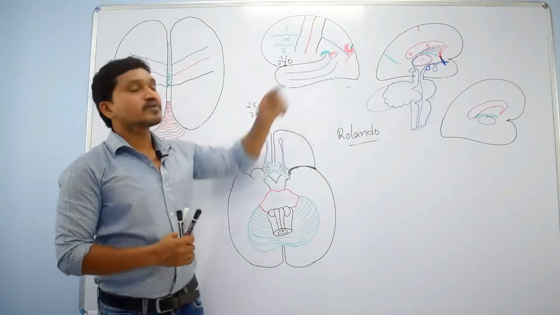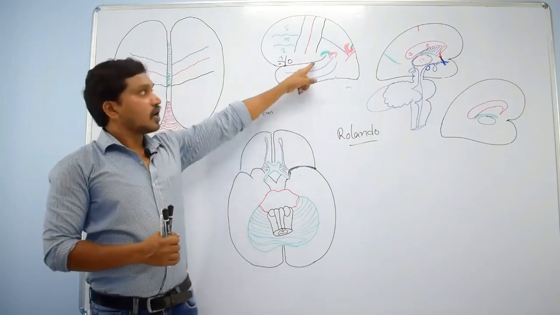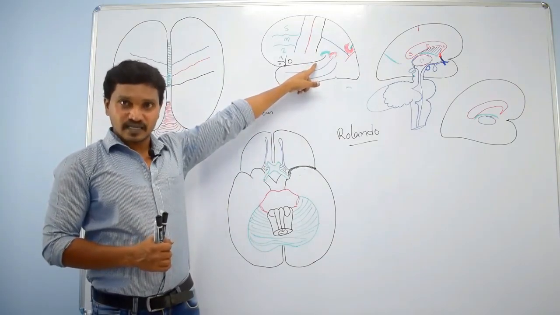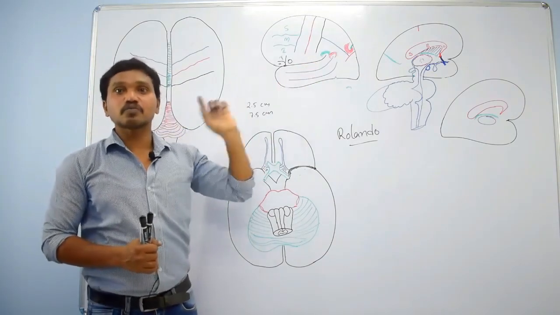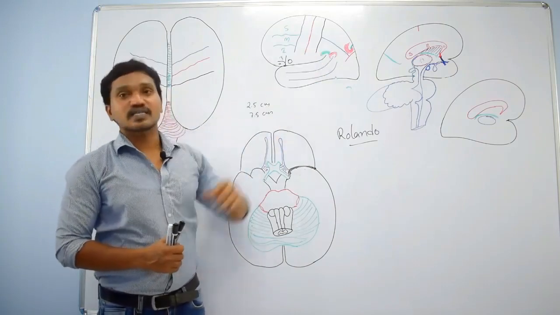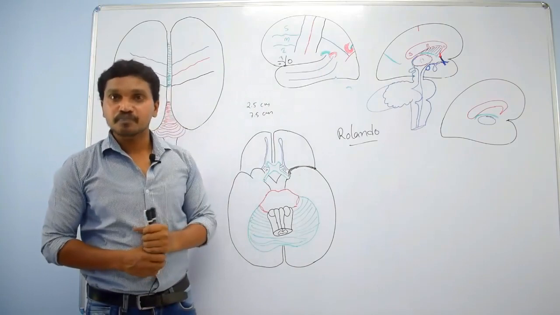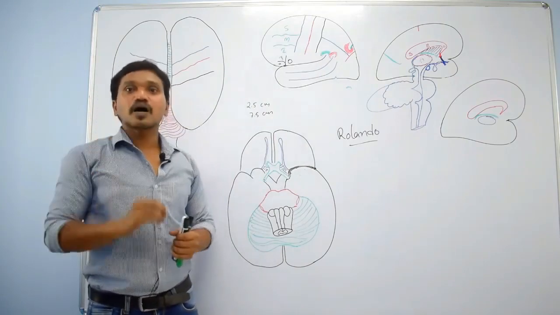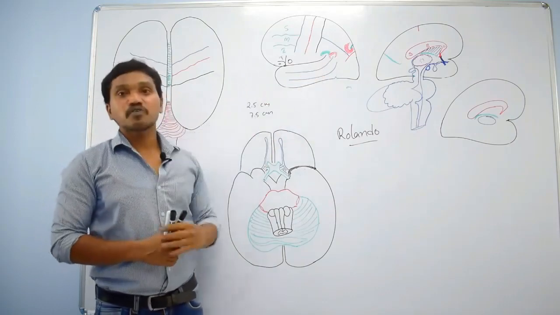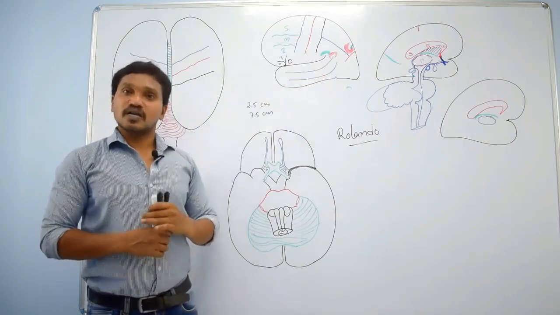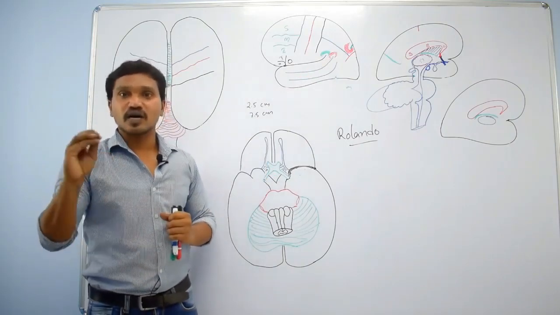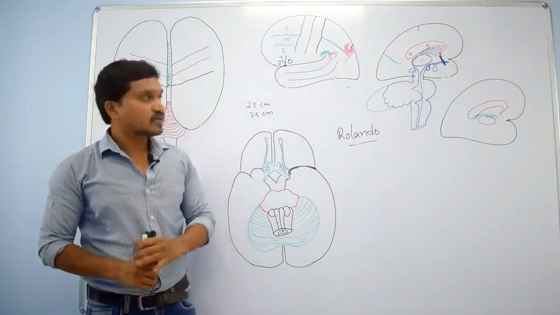Then in the inferior parietal lobule, around the tip of the posterior ramus of the lateral sulcus, there is one gyrus. That gyrus we call the supramarginal gyrus. Around the tip of the superior temporal sulcus, that gyrus we call the angular gyrus, right?